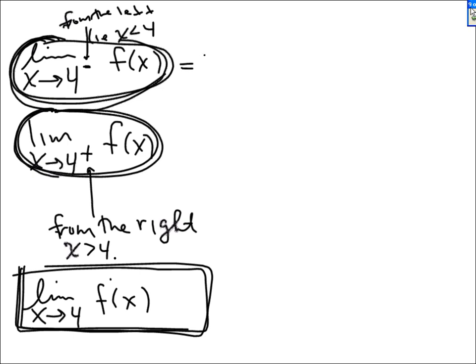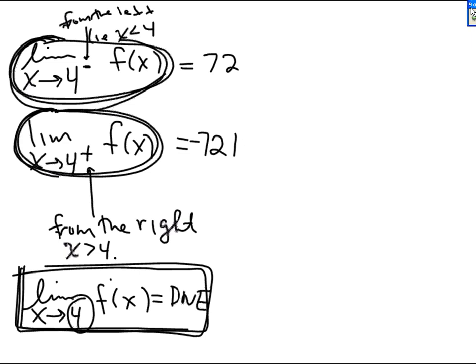If this top limit was 72, and this bottom limit was negative 72, then we would say this limit on the bottom does not exist. Because this limit, with no plus or minus in the upper right hand corner of 4, only exists if those two upper limits are equal to one another.